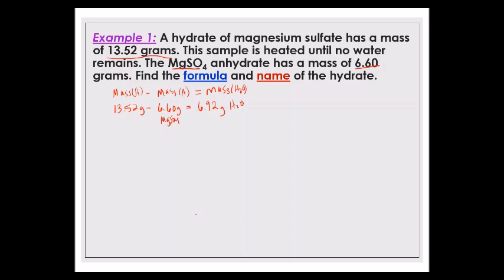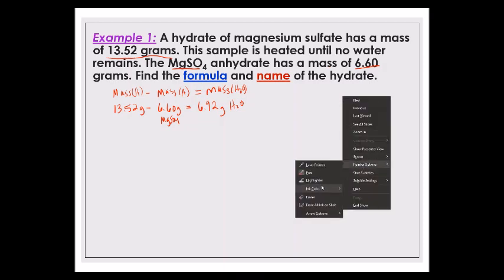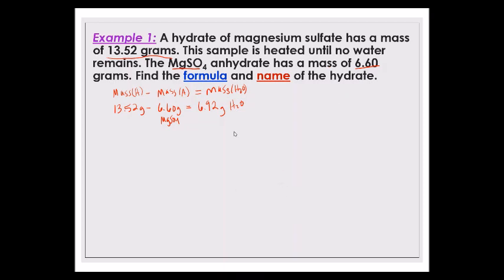Now that we have both of those, what you need to do is take those and convert them to moles, using our molar mass. The water one's pretty easy because we already know the molar mass of water, which is 18.02 grams of water equals 1 mole.